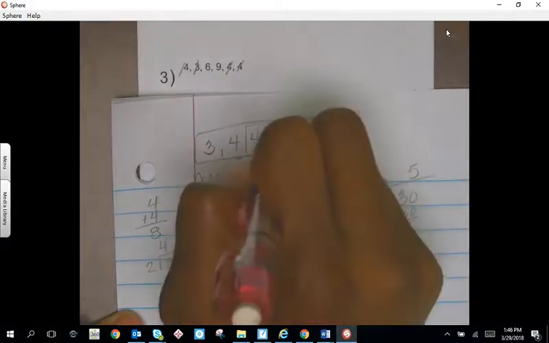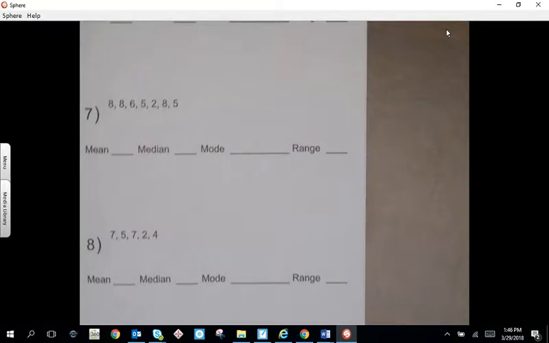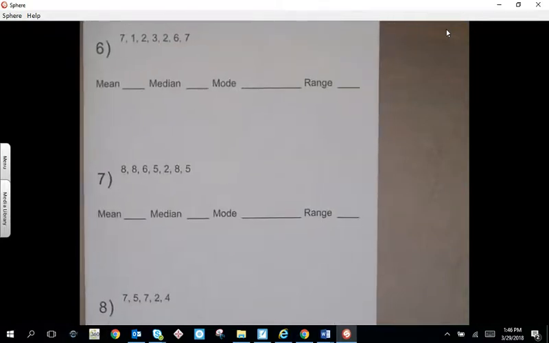So my mean is 5. Okay? All right, so I did those 3 with you. Rewind the video if you need to, and then I'm going to have you give these 3 a try. 6, 7, and 8. Go ahead and pause your video, and then I'll come right back with those answers for you. No, really, pause the video.